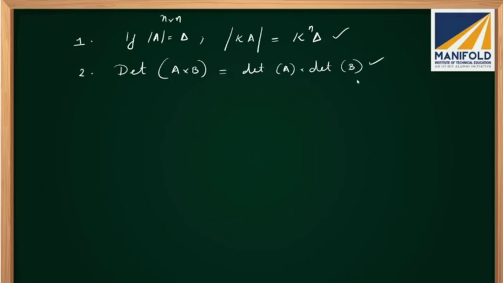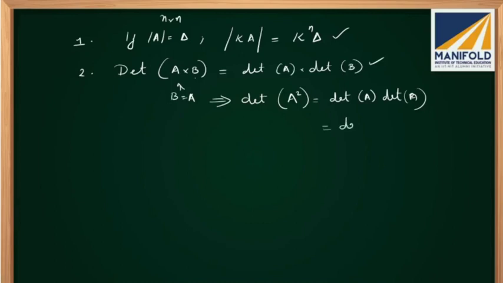If you are interested in the proofs, you can try them. Now, if you put B equal to A in the above property, the determinant of A into A, which is A square, is equal to the determinant of A into the determinant of A, that is, the determinant of A, the whole square.